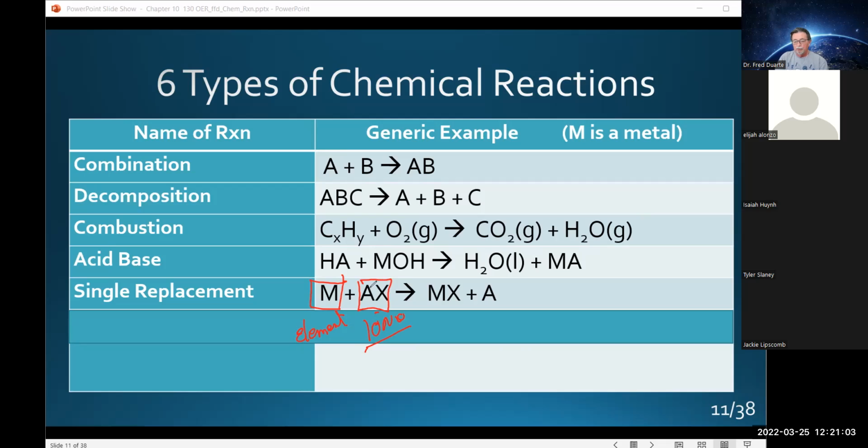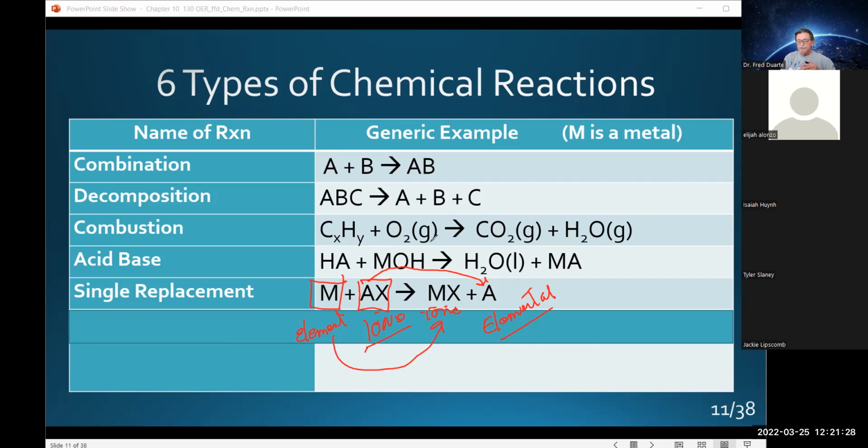And so now where you had the metal A that was in ionic form, now it becomes elemental form. And the M, which started off in elemental form, now is combined to go into ionic form.